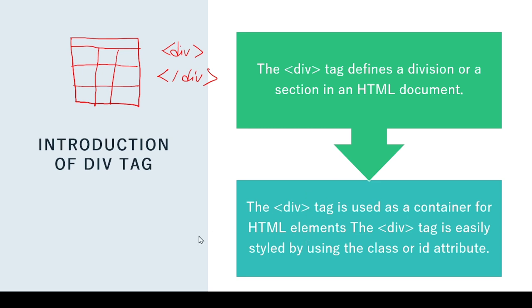It contains something like this. If I have div, in div I have an h1 tag, I have a paragraph tag, which is also a closing tag, p tag, closing tag, and I have an image tag.